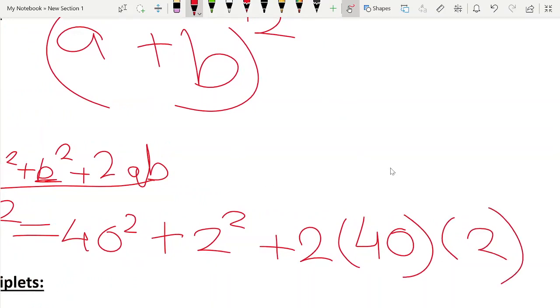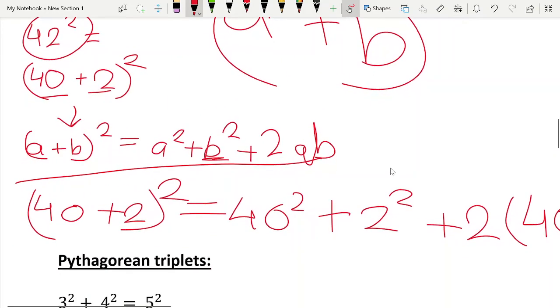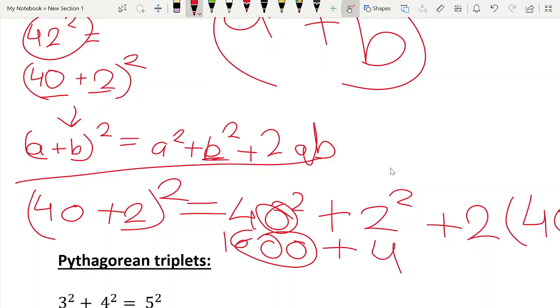Okay, so now we're going to write 40 square is 1600, because 4 square is 16, and we have another 0 and 0. If you do 10 to the power of 2, you add 2 zeros, so that's why we've got 2 zeros.